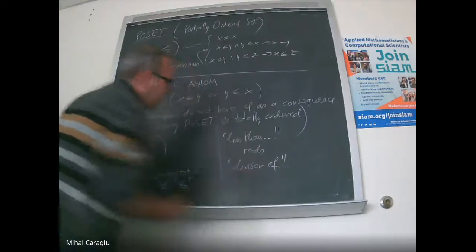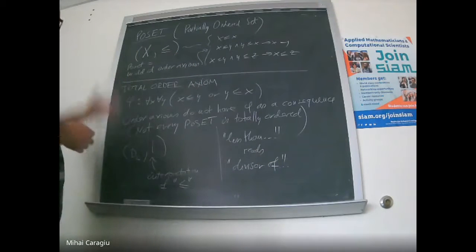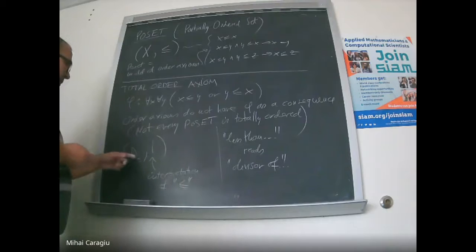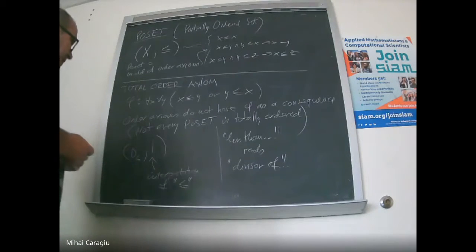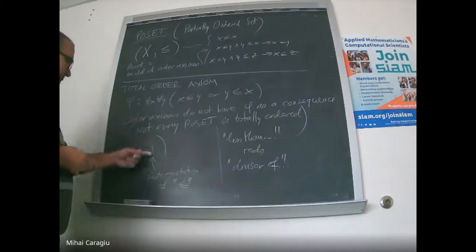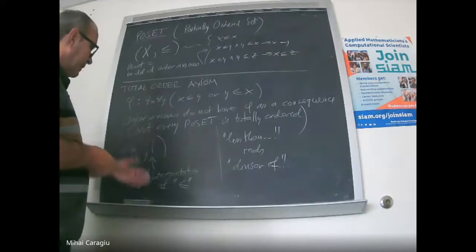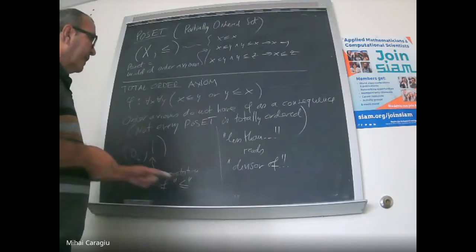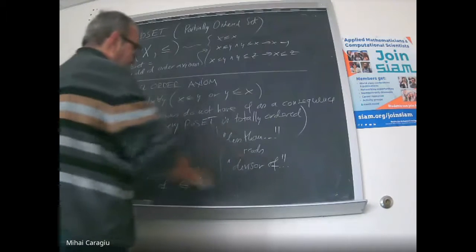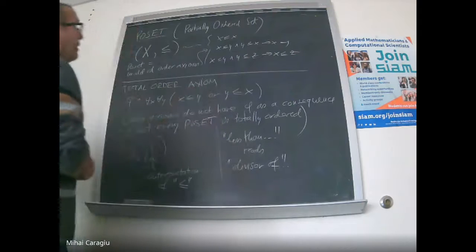A model is an interpretation of the axioms. So in this poset, all positive divisors of 6 with the order divisibility, this vertical bar symbol means divisibility, and that's an interpretation of the order relation. In this interpretation, less than means divisor of.